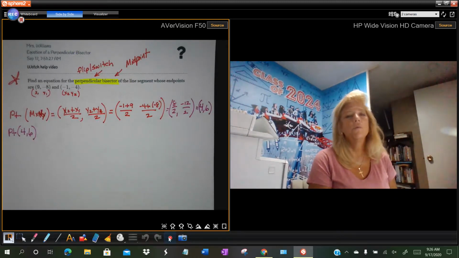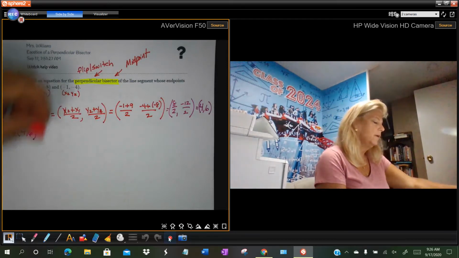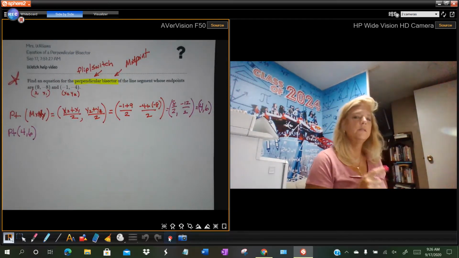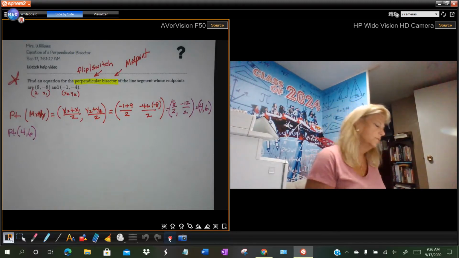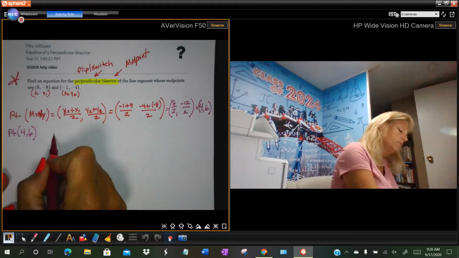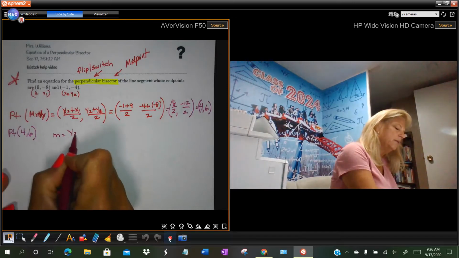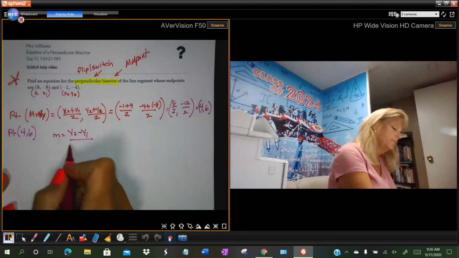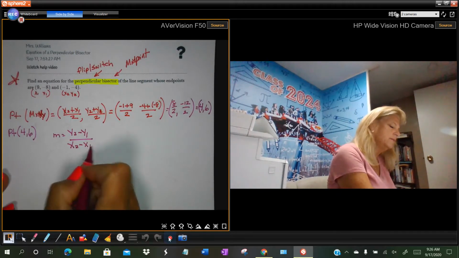Then we need to know the slope. They're giving me 2 points, and anytime I get 2 points, I can find the distance or the slope. So we're going to do the slope formula. And don't forget, slope is subtracting the y's first, and then the x's.